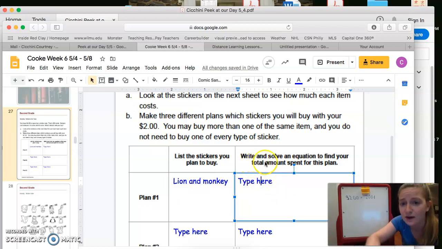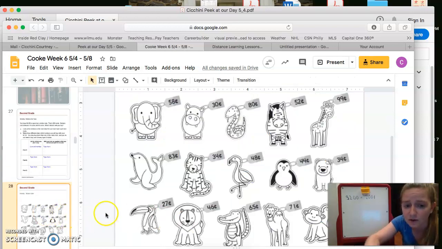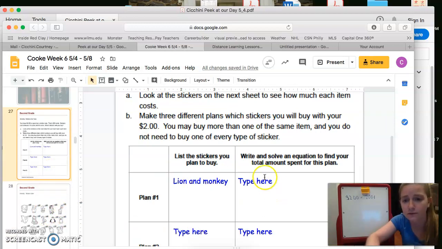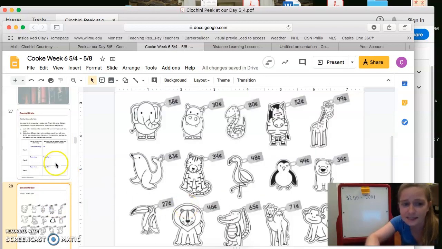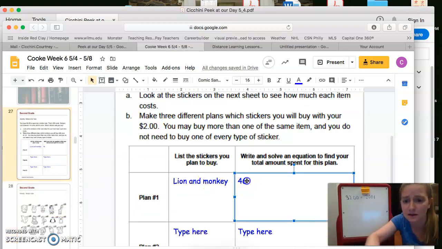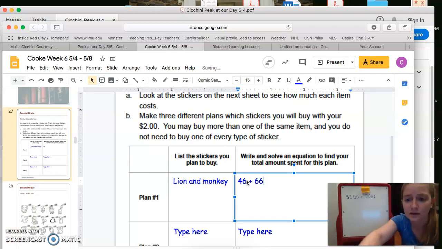Next to it, it says write and solve an equation to find your total amount spent for this plan. I see that my lion was 46 cents and my monkey is 66 cents. So I have to write an equation. I'm adding, so there's my addition sign and my equal sign.